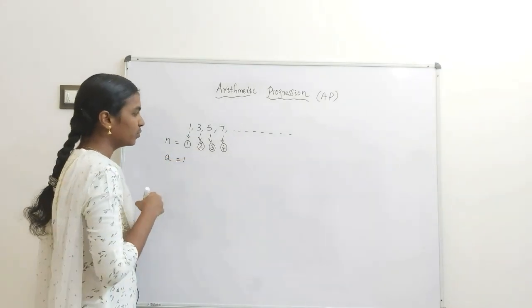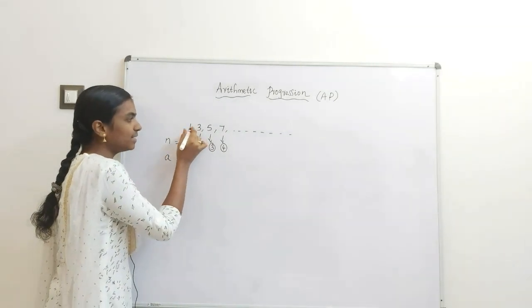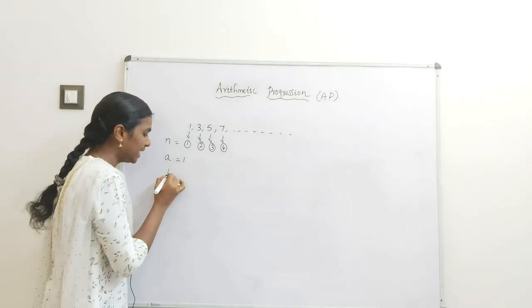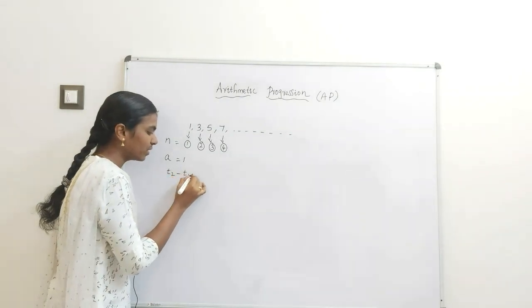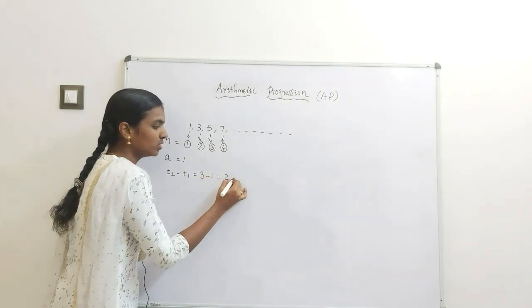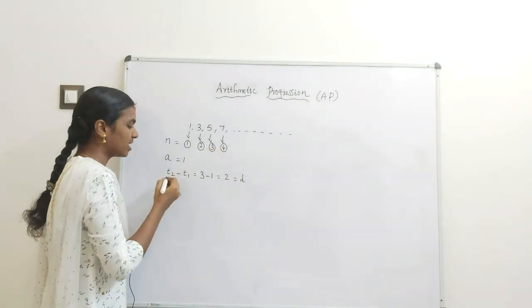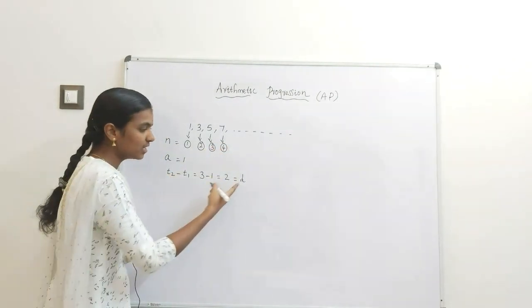And the difference I am going to denote as small d. The second term minus the first term, t2 minus t1 equals 3 minus 1 equals 2. The common difference I am going to denote as small d.